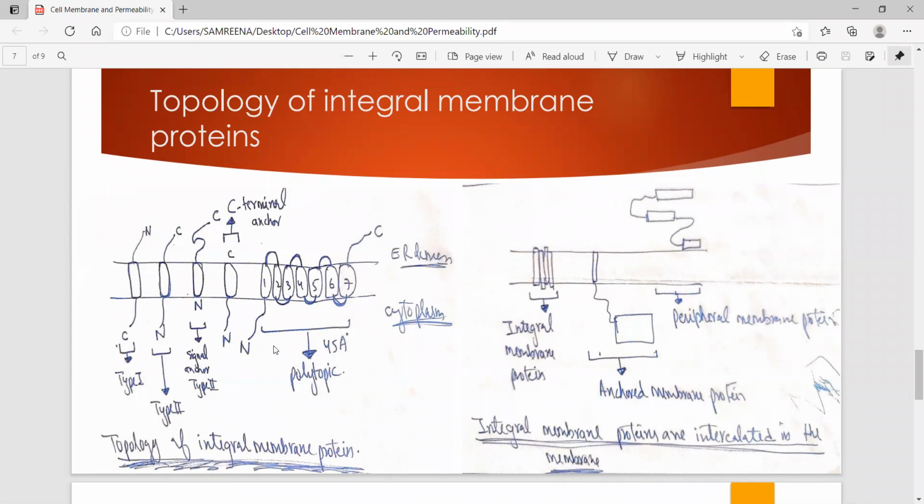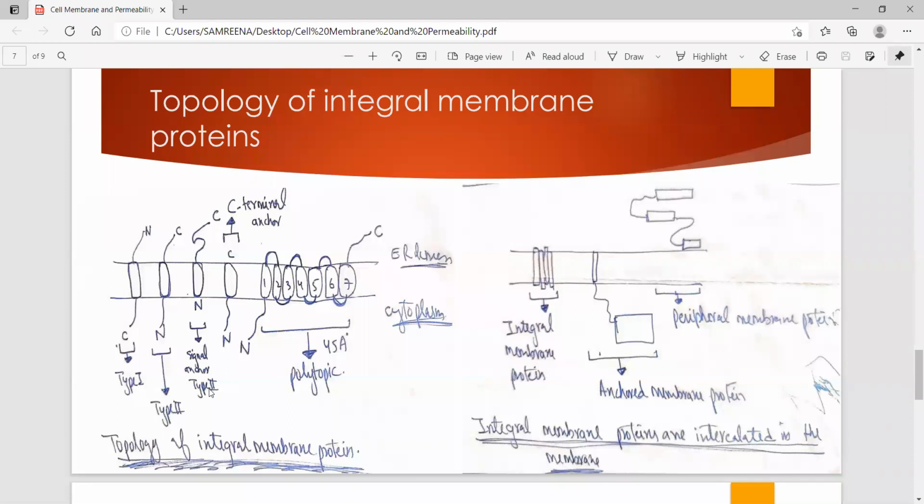On the basis of their C and N terminals, whether the C terminal is facing outside the cell or inside the cell, we classify these proteins as type 1, type 2, type 3 proteins.